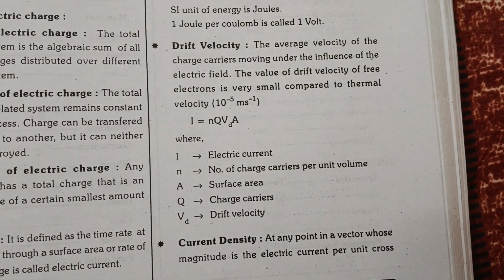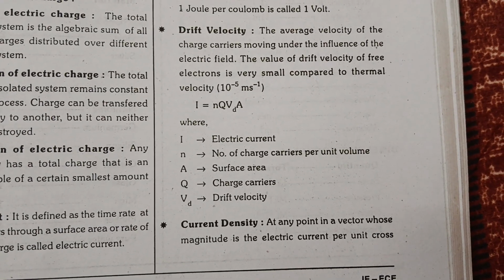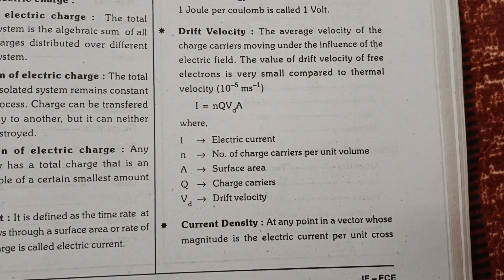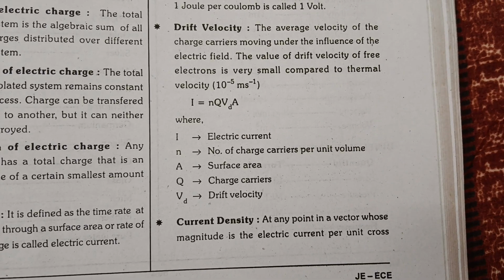I equals nQvdA, where I is the electric current, n is the number of charge carriers per unit volume, A is the surface area, Q is the charge of the carriers, vd is the drift velocity.